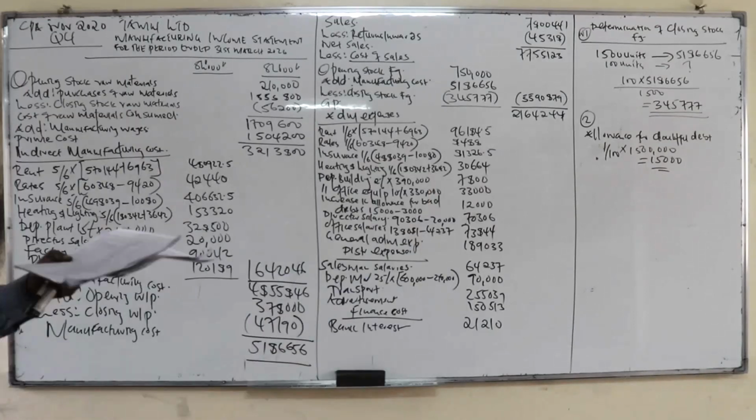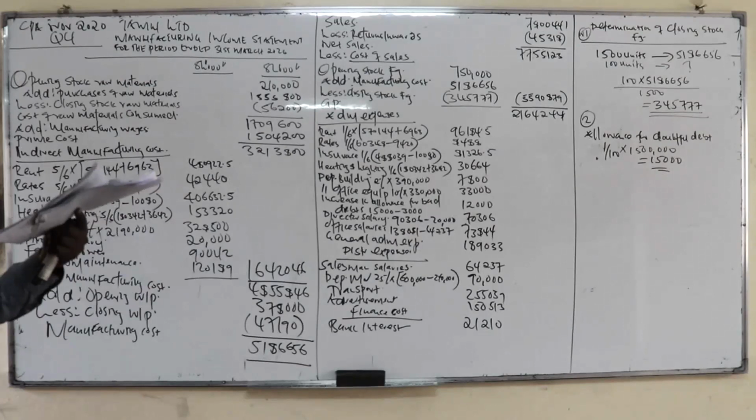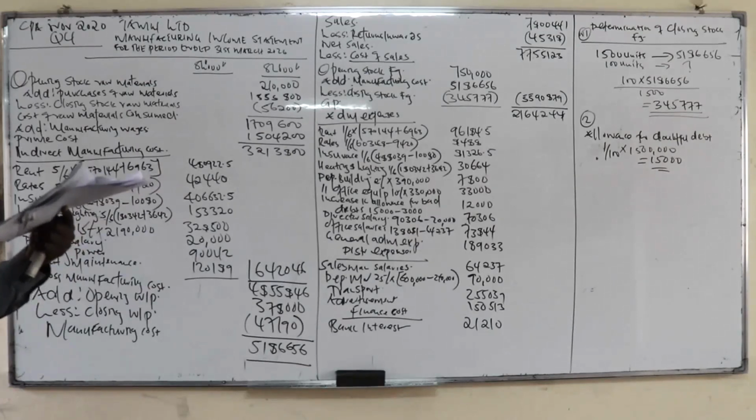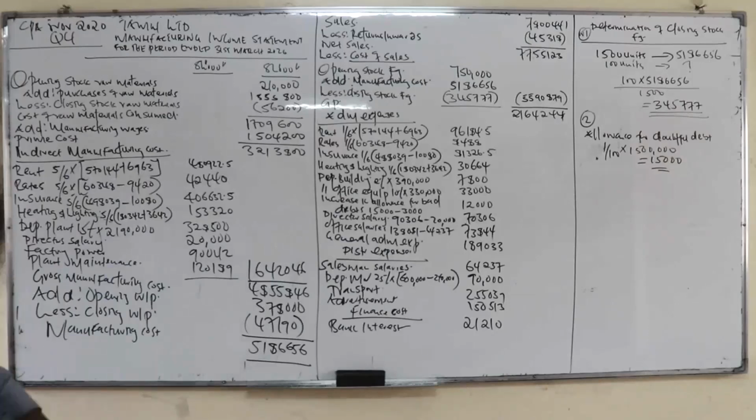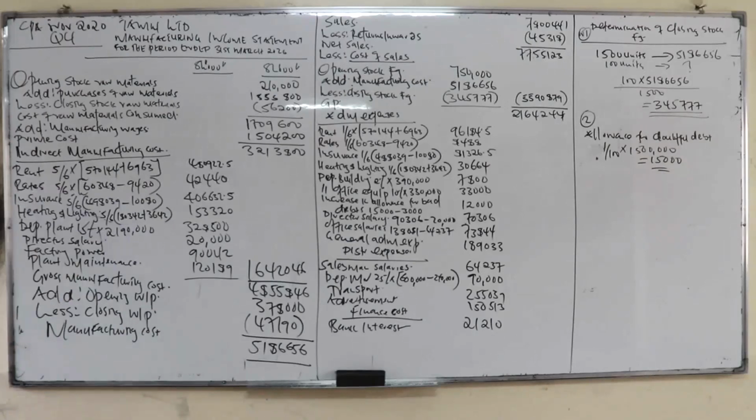Nini ingine? 21,210, eh? So we have exhausted all the expenses, isn't it? I think we have exhausted all the expenses. There's none that we are yet to tackle. So all expenses at that point are done.